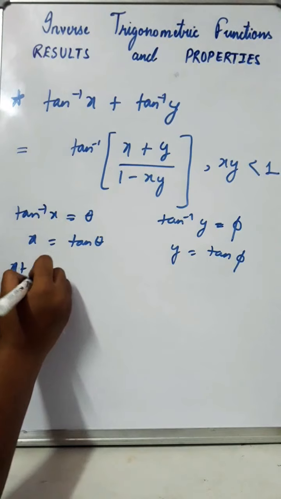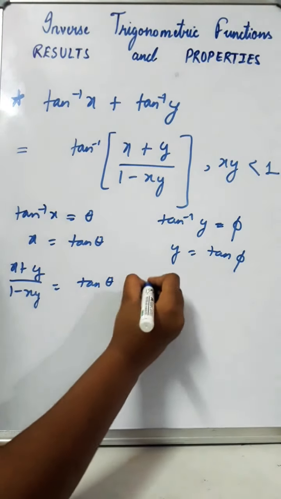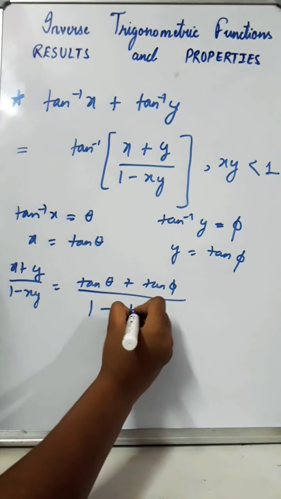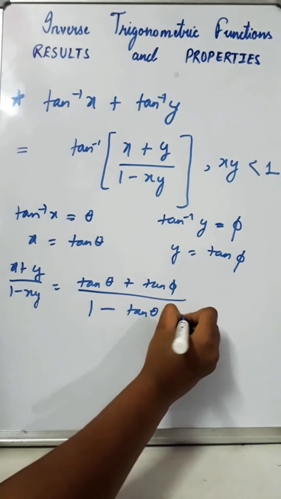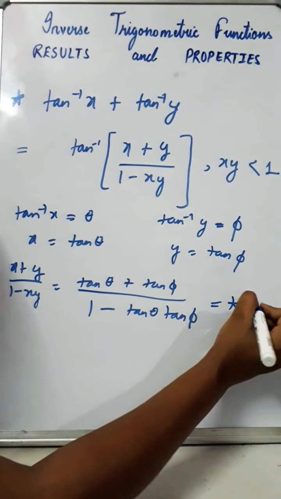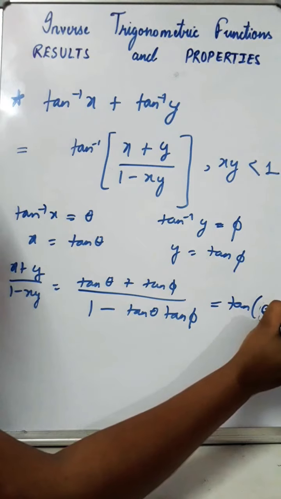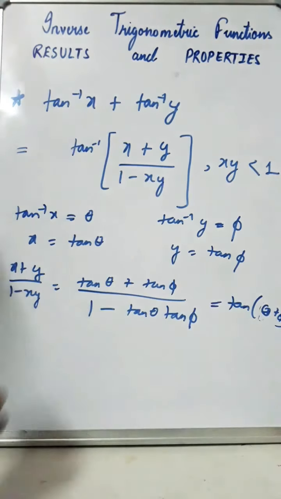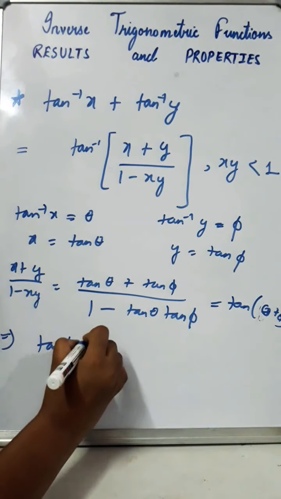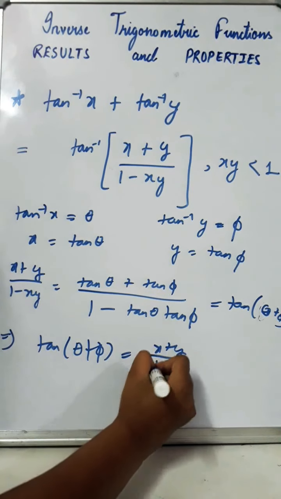So here (x plus y) upon (1 minus xy) is (tan θ plus tan φ) upon (1 minus tan θ tan φ). Now this is the formula of what? This is the formula of tan(θ plus φ), right? So what did you get? It's tan(θ plus φ) is equal to (x plus y) upon (1 minus xy).